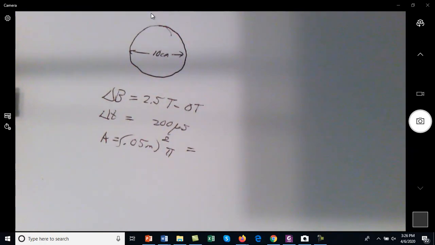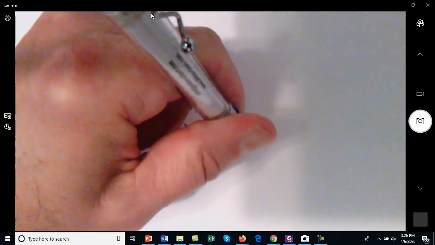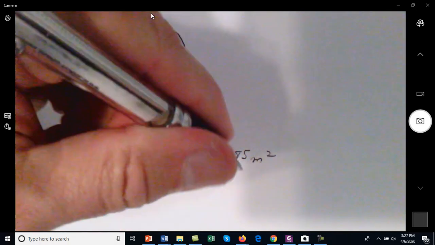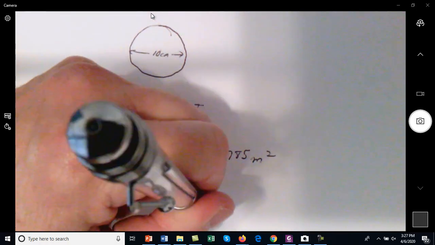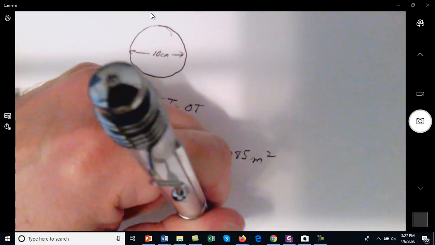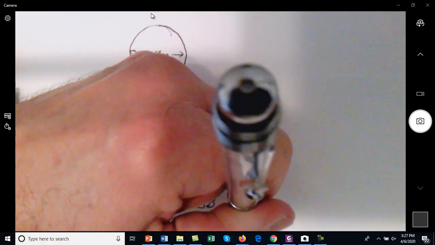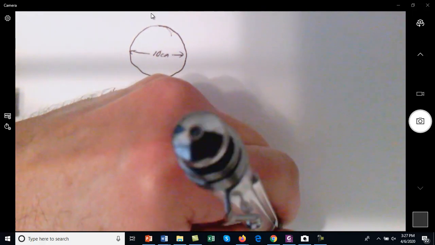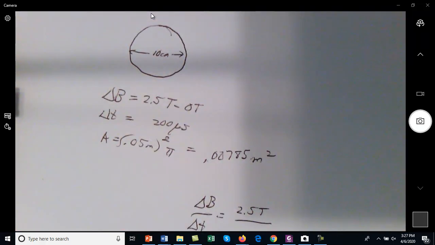That's a little bit better. So we calculate our area, 0.05 squared times pi, which is 0.0785 meters squared. Our change in magnetic field over time is equal to 2.5 Tesla divided by 200 times 10 to the minus 6 seconds. That's just 200 microseconds.